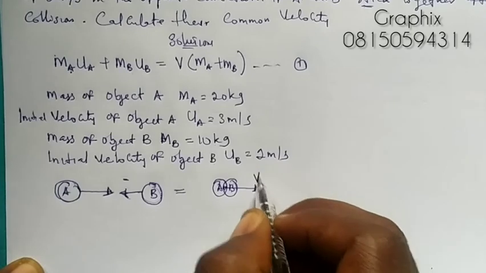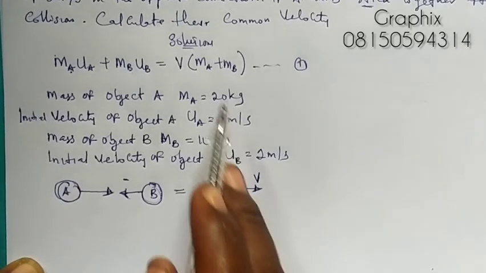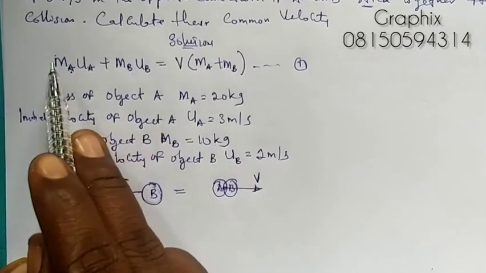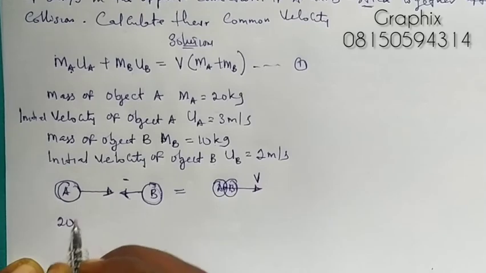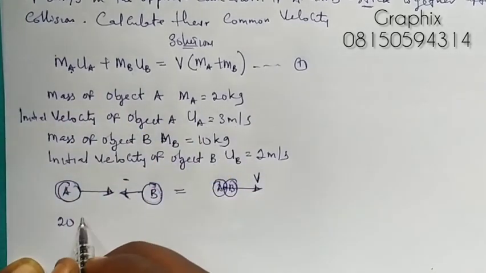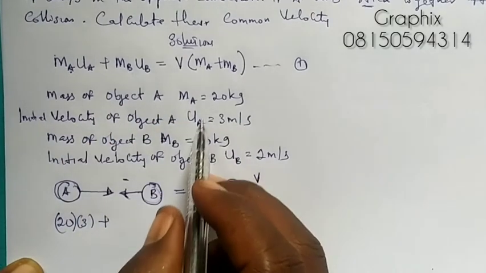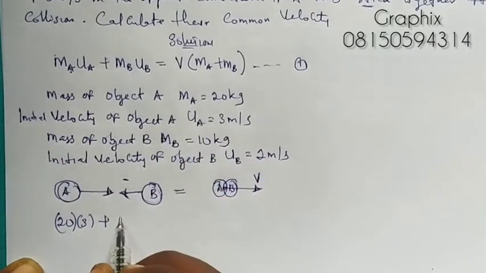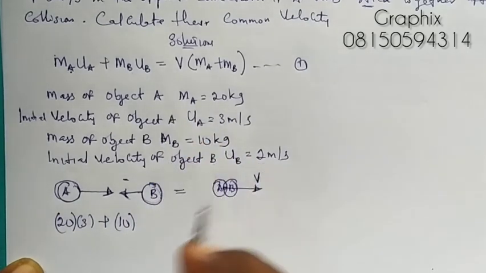So we should look for a common velocity. If we put our values into this equation, my MA is 20, my UA is 3 meters per second, plus my MB is 10, my UB is 2 meters per second.